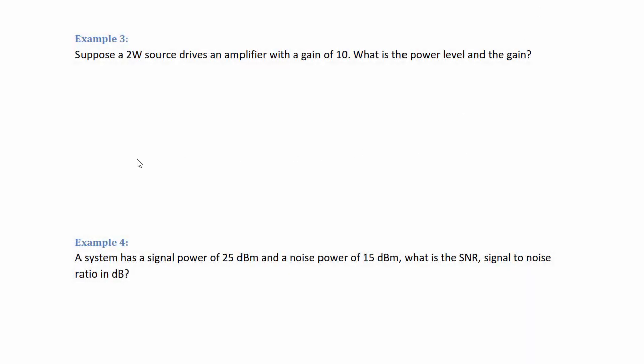Example 3. Suppose a 2 watt source drives an amplifier with a gain of 2. What is the power level and the gain? So we will do this with respect to 1 milliwatt and 1 watt, so we can see the difference.